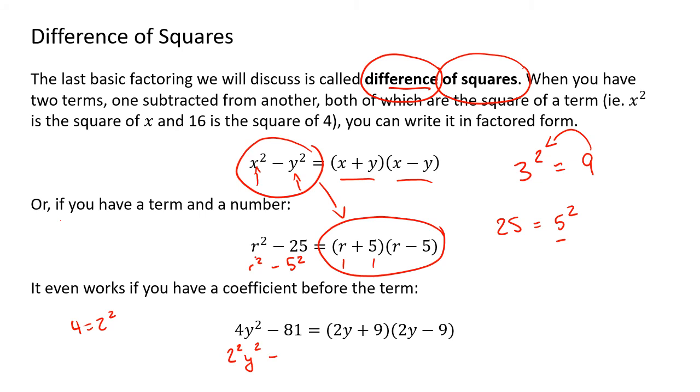In this case, 81 is equal to 9 squared, right? Because 9 squared is 81. So this is the same as writing 2 squared times y squared minus 9 squared. So they're all squared terms, right? Separated by a minus sign. So you can write them as 2y plus 9 and 2y minus 9. Okay, it's as simple as that.